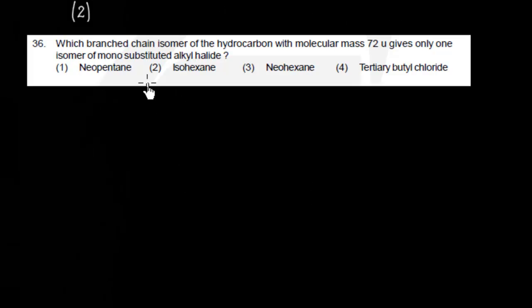This question is a very straightforward question. It asks which branched chain isomer of a hydrocarbon with molecular weight 72 AMU gives only one isomer of mono-substituted alkyl halide. So molecular weight is 72 AMU; in gram, for 1 mole, this is 72 gram.